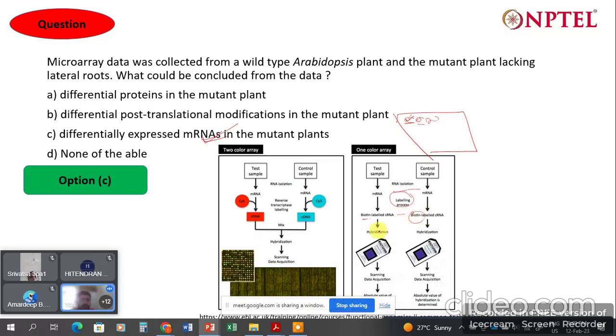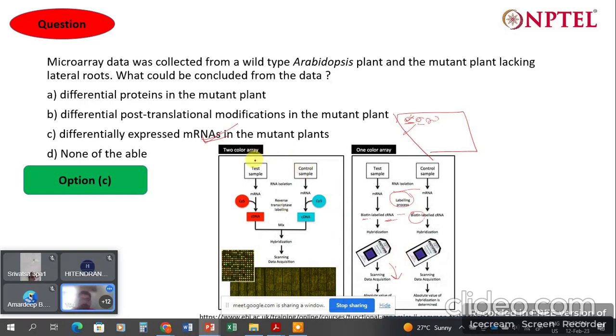After that we put these labeled cDNA onto the chips and in each well, and each well constitutes the cell from which the RNA is isolated. After that scanning is done and the data is analyzed, and then we can find out which gene or which mRNA is expressed more in the mutant or the wild type.